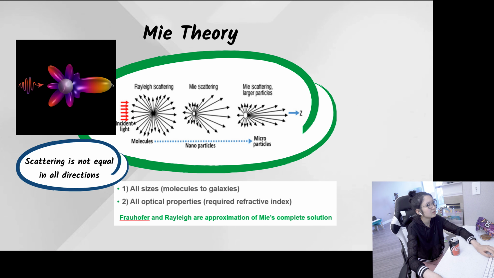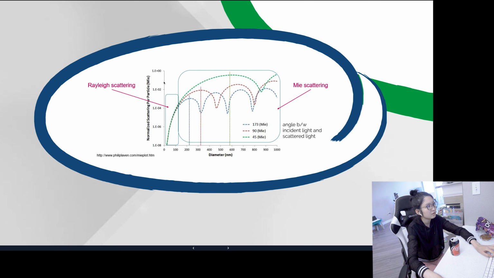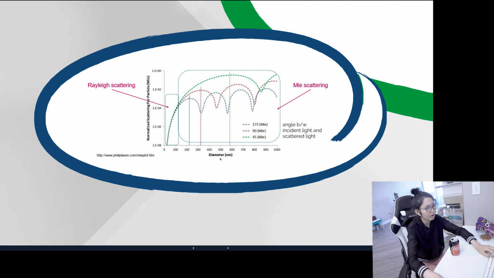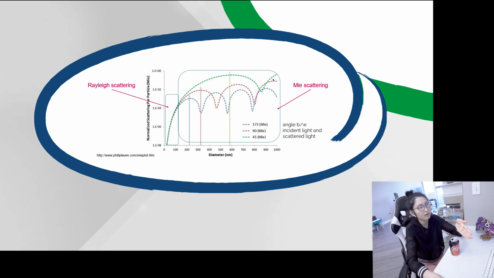Okay, so just to talk a little bit more about the angular dependence, I want to introduce to you this plot. The y-axis is the normalized scattering per particle. The x-axis is the diameter. And the different colors of lines are the different detecting angles, like which angle we're observing this scattered light.